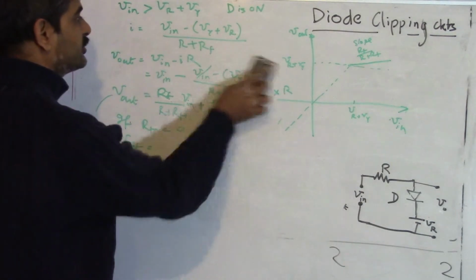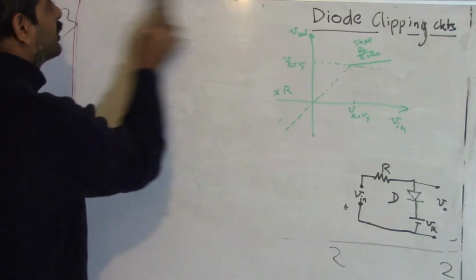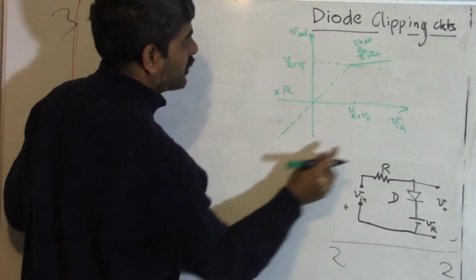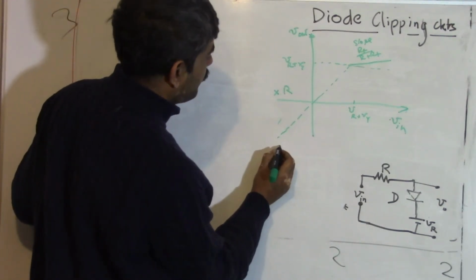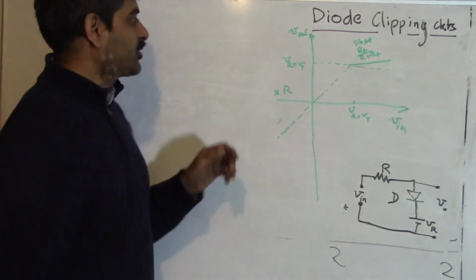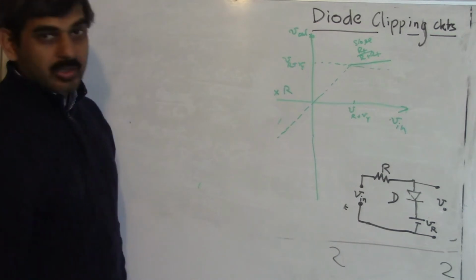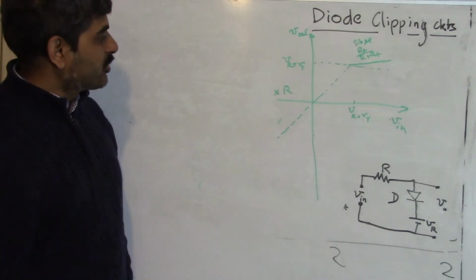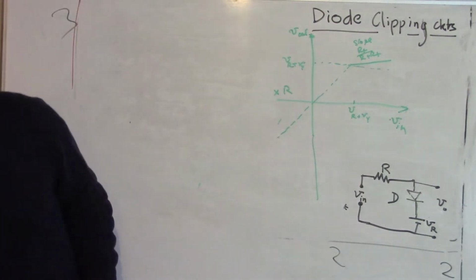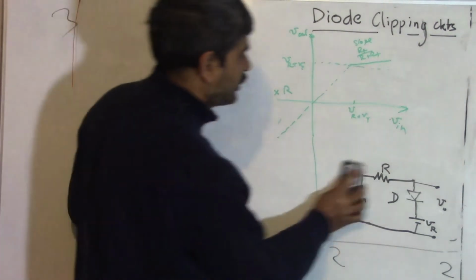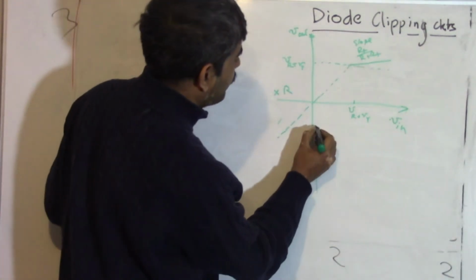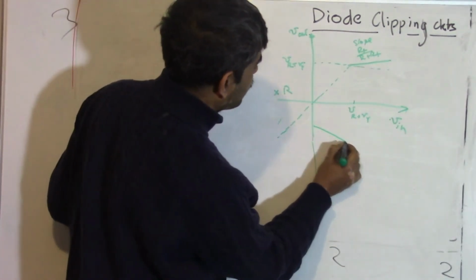So let's try to do this. In this curve, what we are trying to do is give an input voltage and plot the output graph. So I'm going to remove the circuit here, and we have an input graph that, let's say, varies like this.